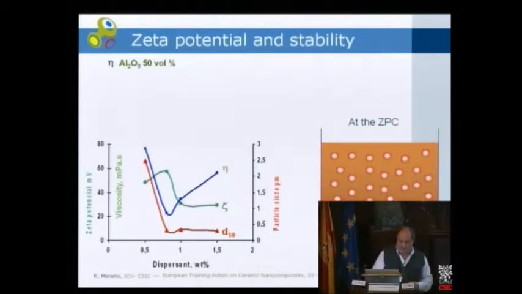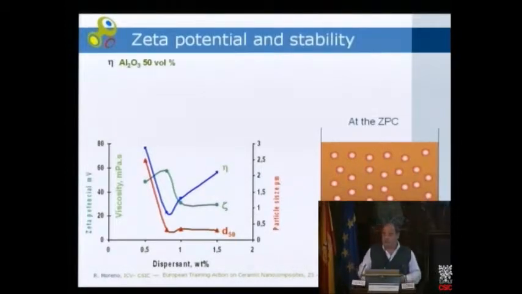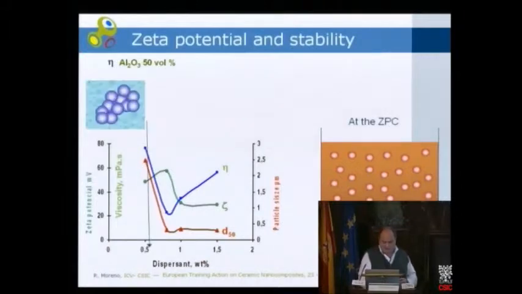In this case, we have an alumina suspension with 50 volume%. This means 80 weight% solids, and we see here the variation of particle size, zeta potential, and viscosity of the suspensions as a function of the dispersant content, in this case a polyacrylate-based deflocculant.